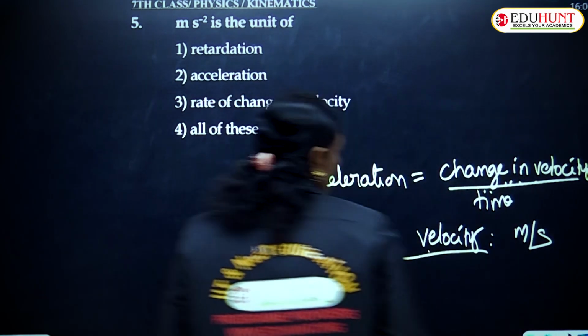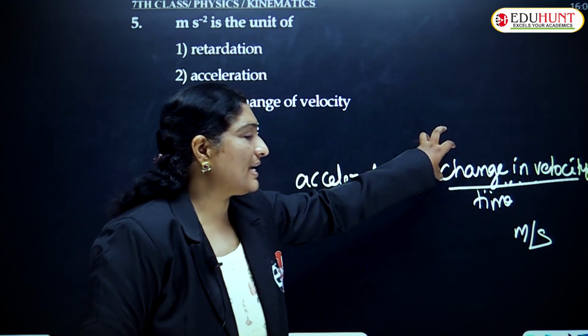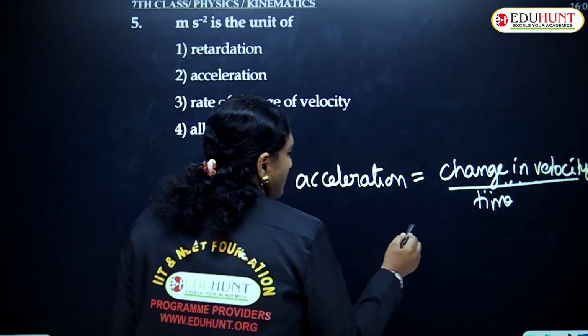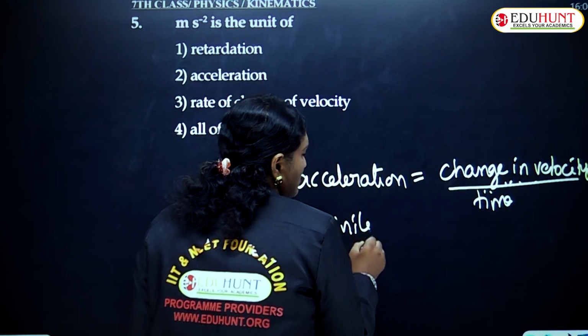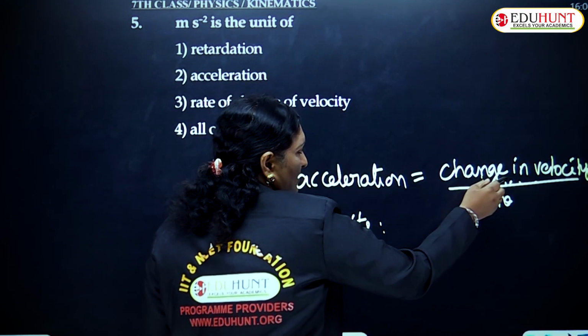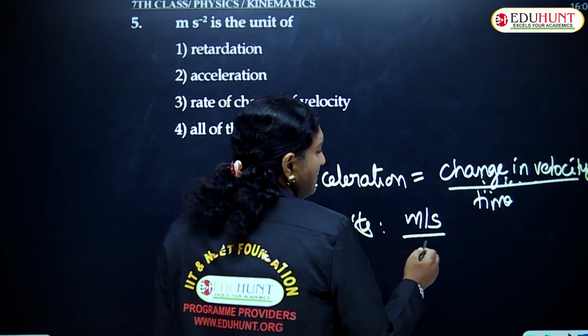Unit for velocity, what you need to consider is upward. The numerator indicates which physical quantity? Velocity. So we have units for acceleration in SI units. Velocity means meter per second upon time, again second.